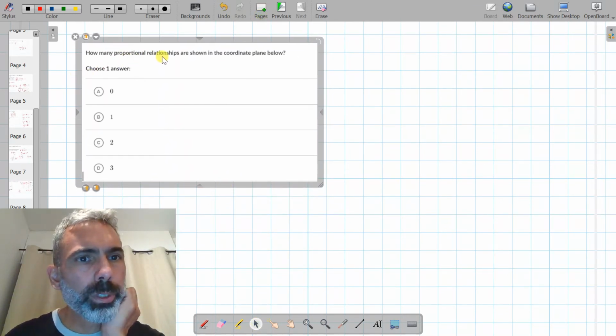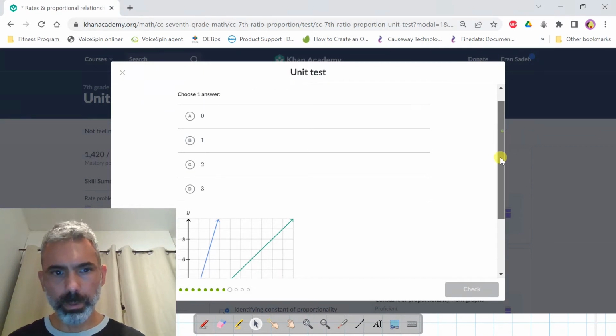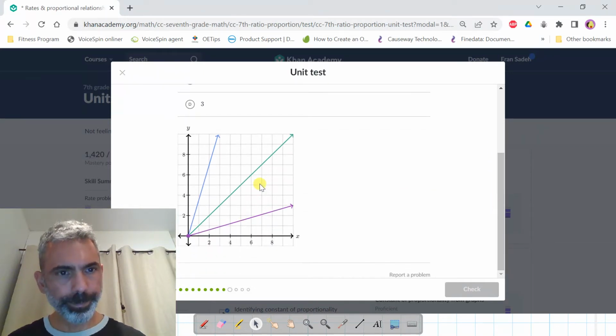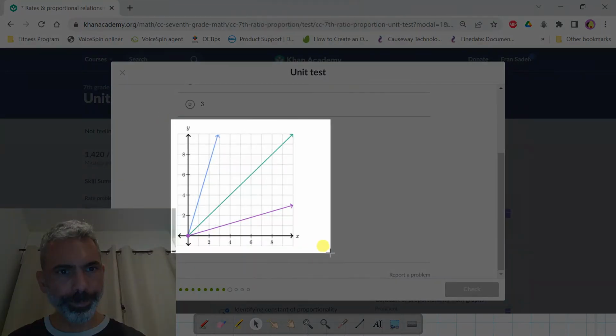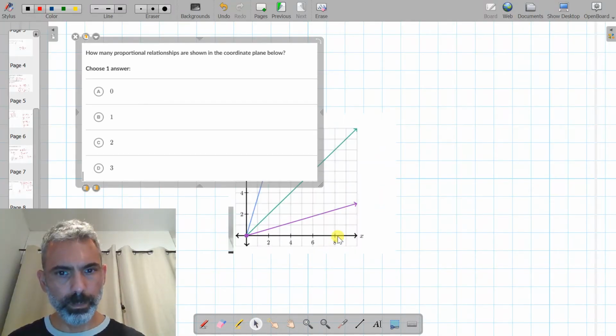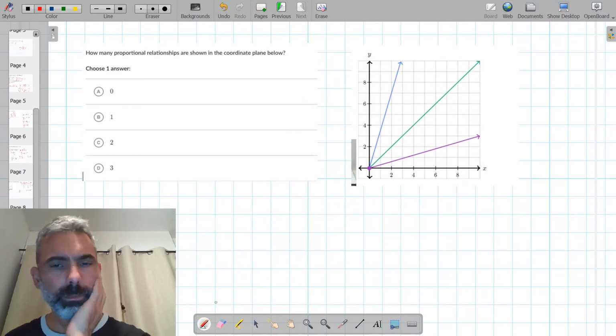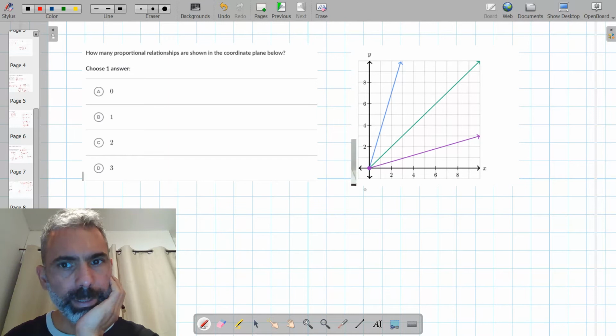How many proportional relationships are shown in the coordinate plane below? They are all lines.